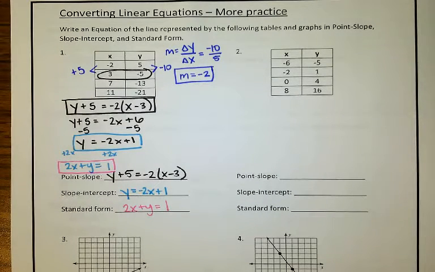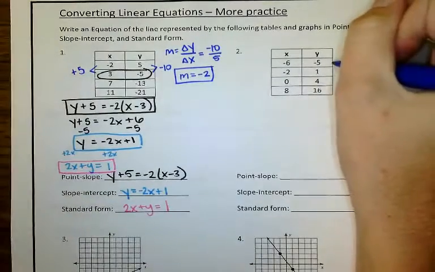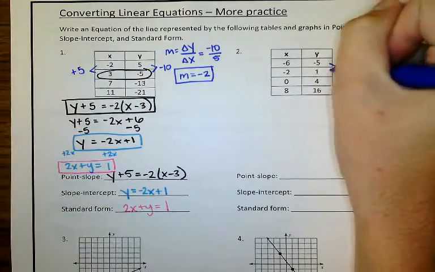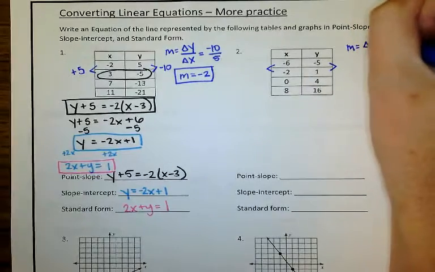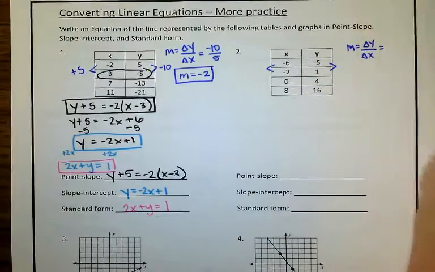Alright, for number 2, let's see here. How are we going to find our point here, or find our slope? What do you guys want to do here? Y'all just cool doing the top 2 here? Alright, so if my slope is the change in y over change in x, we are going from negative 5 up to 1, so that's what?